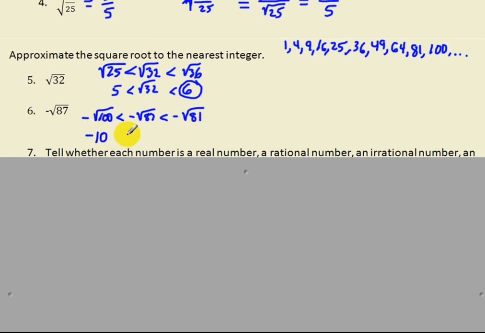So then we have negative 10 less than negative the square root of 87 less than negative 9. And 87 is closer to 81 than it is to 100, so negative the square root of 87 will be closer to negative 9.